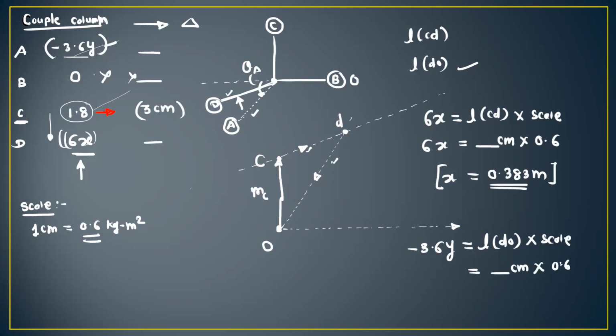Scale is same, that is 0.6, and this is minus 3.6 into y. So you will get the value for y as minus 1 meter. Okay, so this is minus 0.383 meter, that is 383 millimeter, and this is 1000 millimeter.